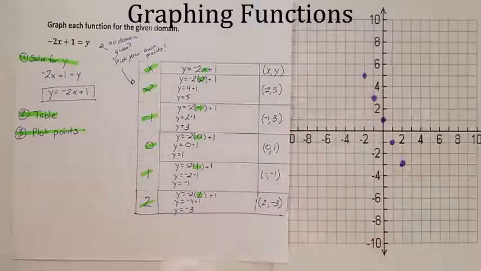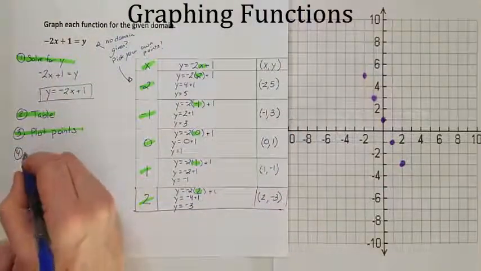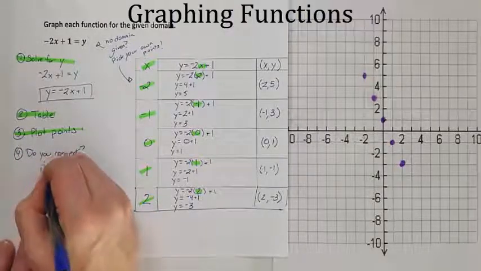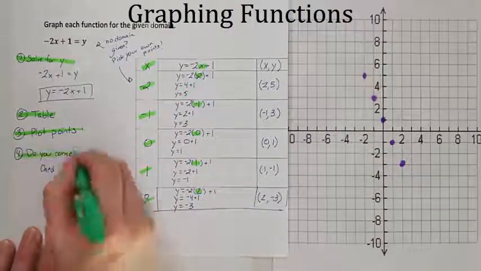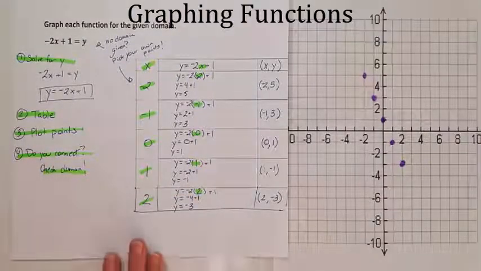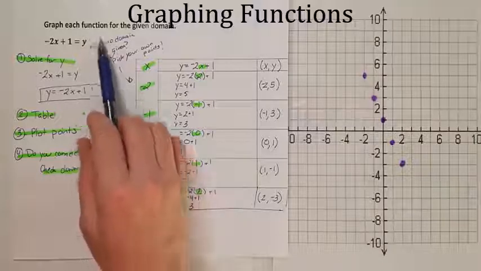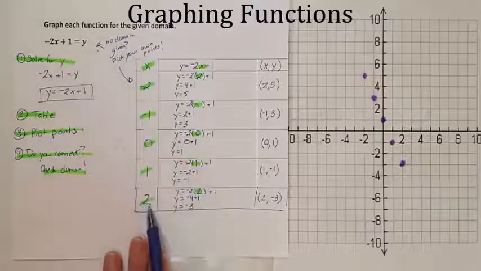Now the last step, step 4, is for you to check and see, do you connect? And to figure out whether you connect or not, you need to check the domain. So I was supposed to check my domain. I am looking, and I wasn't given a domain. I had to pick my own points.